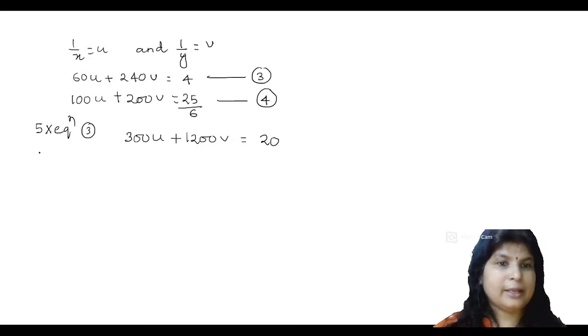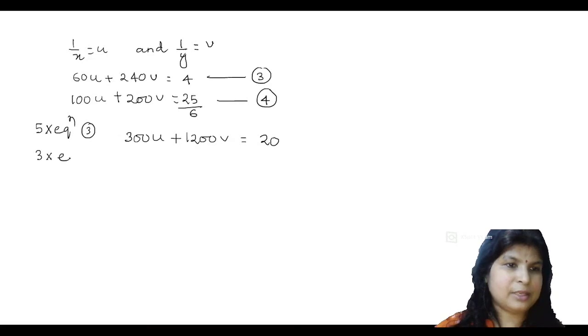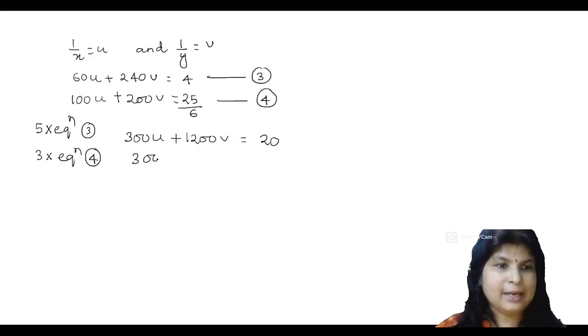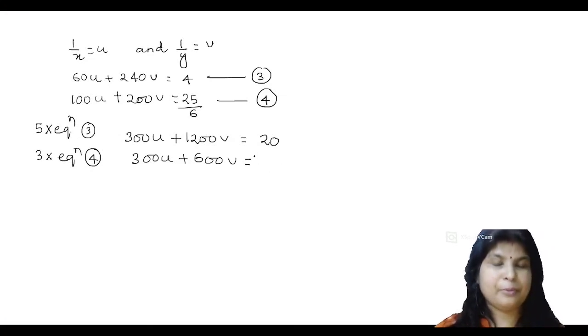Okay, then equation 4 I am multiplying it with 3. So 3 into equation 4. So you'll get 300u again. Then 3 into 200 is 600v is equal to 3 into 25 by 6. So that becomes 25 divided by 2. Correct or not?